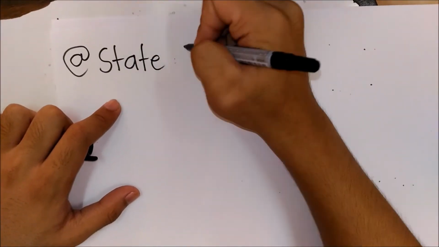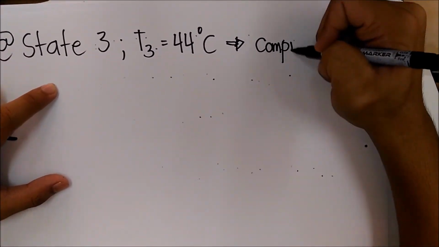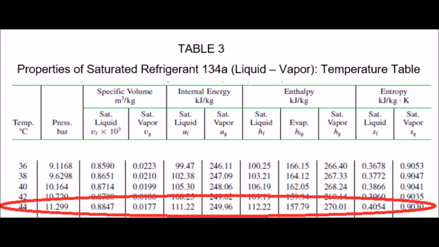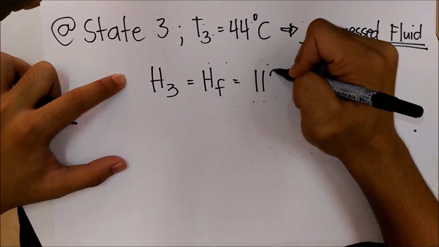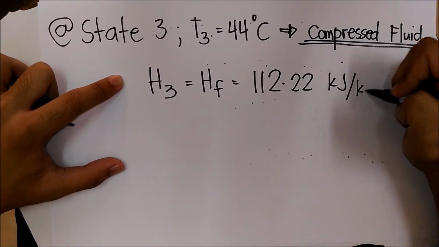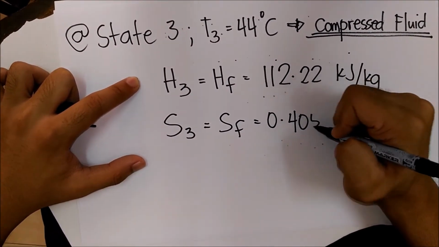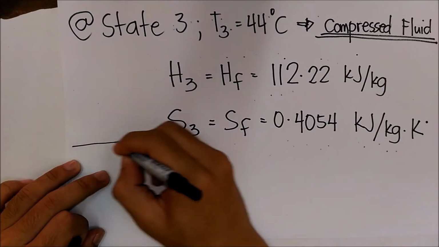At state 3, temperature 3 is equal to 44 degrees Celsius, having a condition of compressed fluid, and using the values of table 3, properties of saturated refrigerant 134A liquid vapor temperature table, the enthalpy at state 3 is equal to 112.22 kilojoule per kilogram, and the entropy for state 3 is equal to 0.4054 kilojoule per kilogram Kelvin.